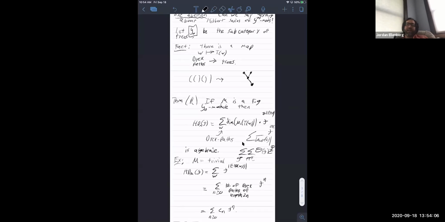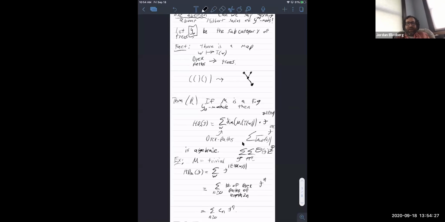Oh, I guess I just mean, in the tree example, you are doing some weighted sum of trees with some weights against the Tutte polynomial. It's just that the Tutte polynomial of a tree is just t to the number of edges. So I'll type it in the chat.